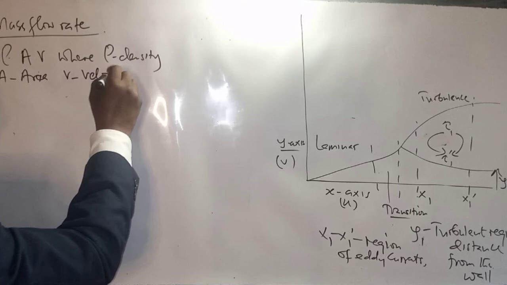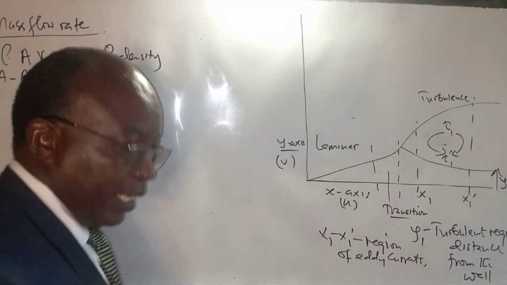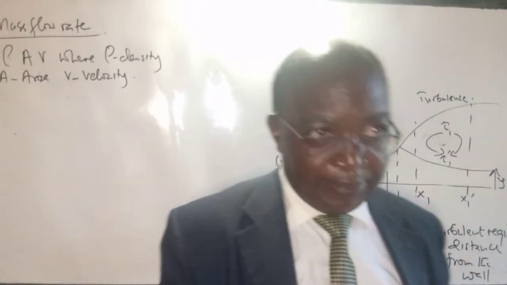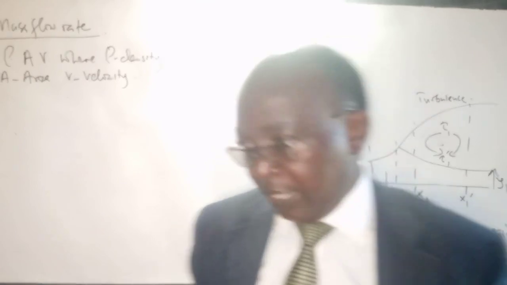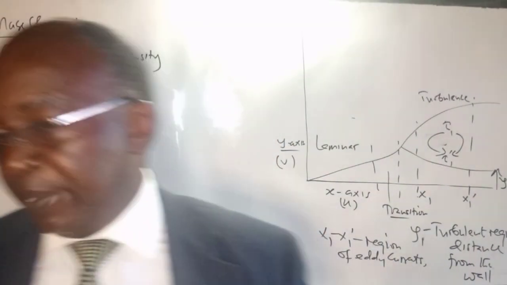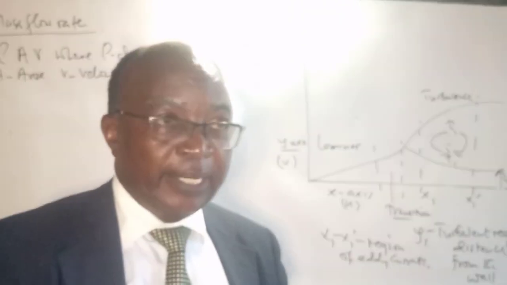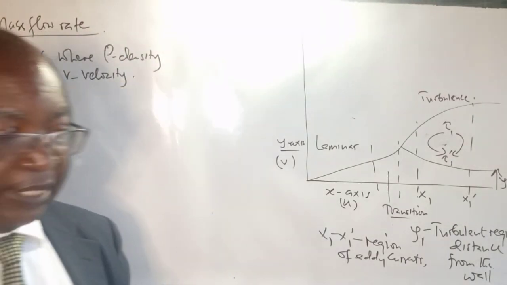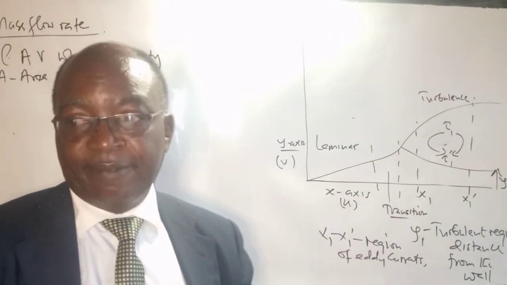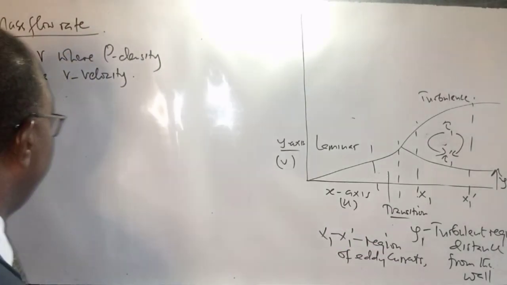is velocity. And I keep encouraging you, please kindly go through those other lectures so that we have built up these concepts. We build them systematically. So if you follow them systematically, then they become very simple. Now, this is mass flow rate.